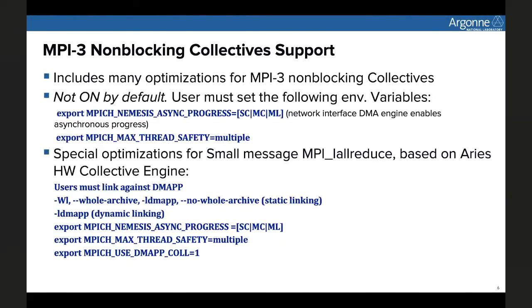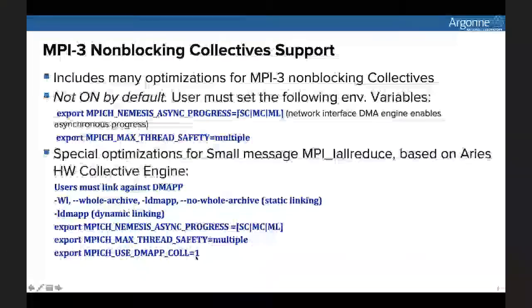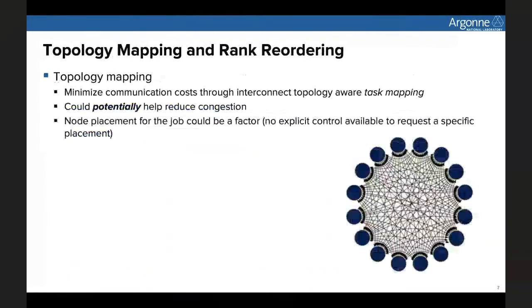The progression, MPICH_MAX_THREAD_SAFETY multiple, and MPICH_DMAPP_COLL equal to 1. By default, it is 0. So if you want to use the hardware optimized collectives, you need to set that to 1. Okay, that is non-blocking collectives.